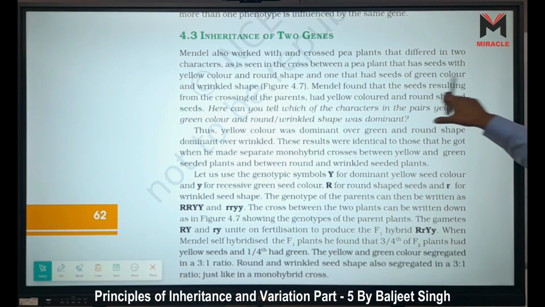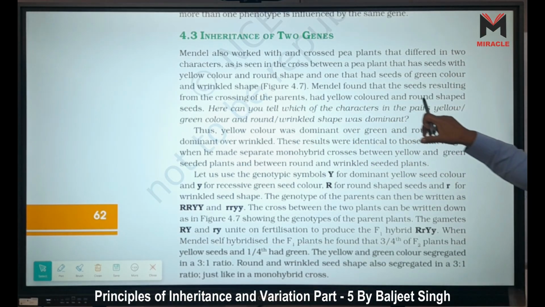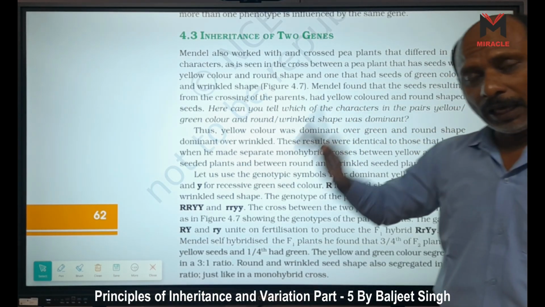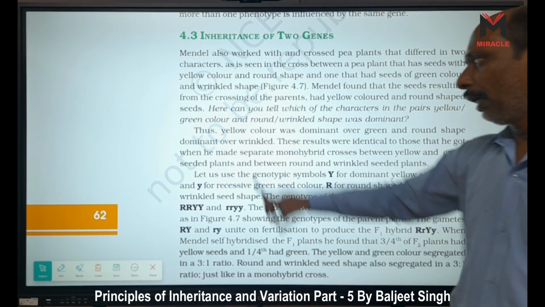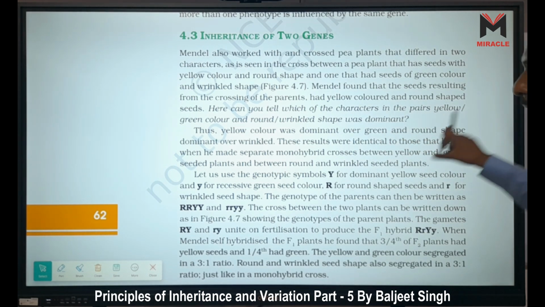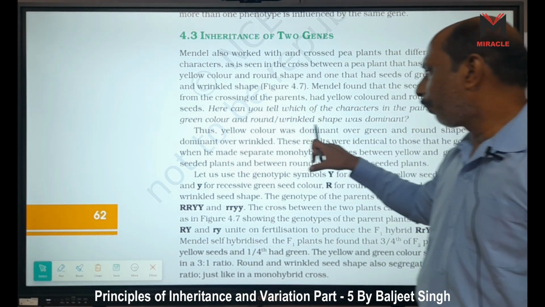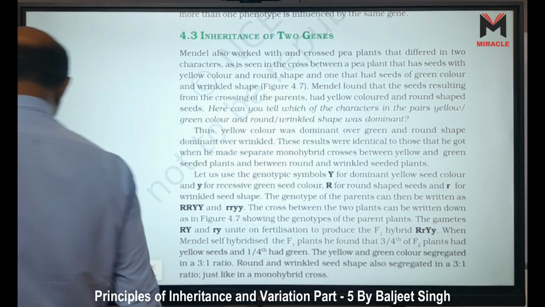Mendel found that the seeds resulting from the crossing of the parents were yellow colored and round shaped. In the F1 generation, all the seeds are yellow colored and round shaped, right? Here, can you tell which character of the pair, yellow or green color and round or wrinkled shape, was dominant? It is easy to say because we know very well.